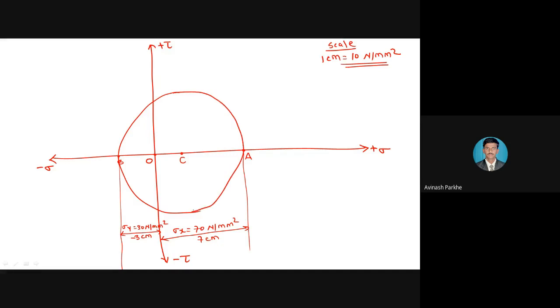I have drawn one circle which passes through the point A and B. So draw this particular circle.